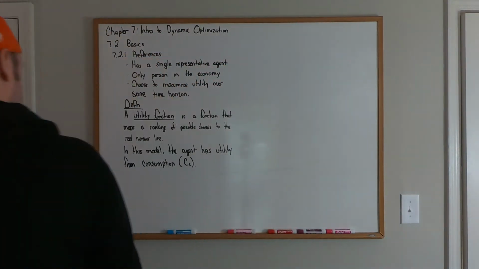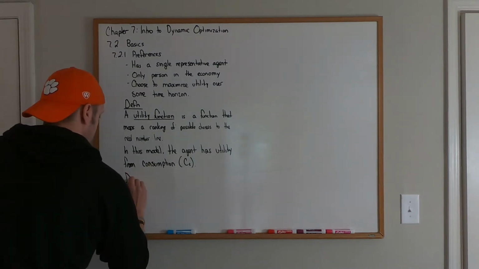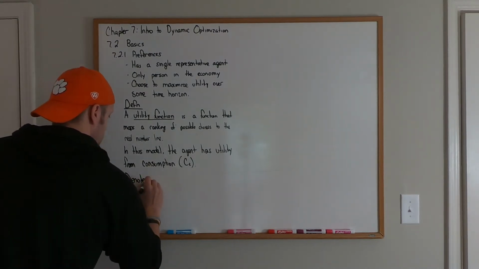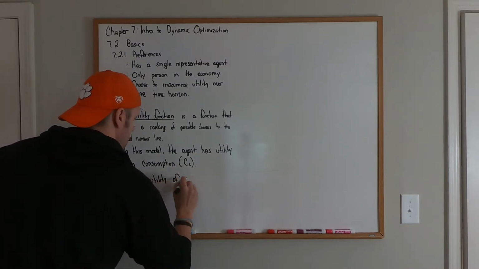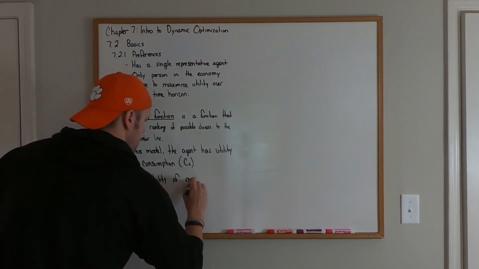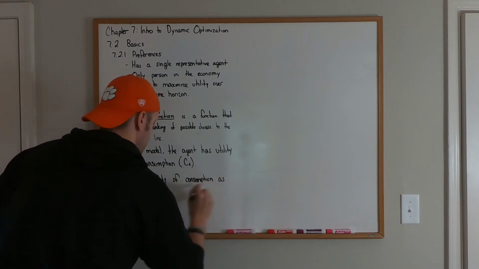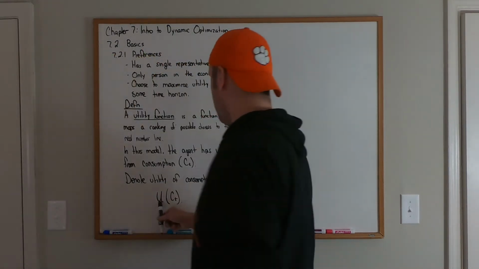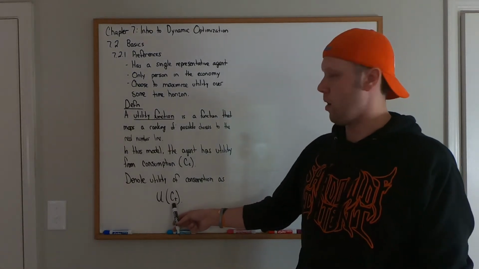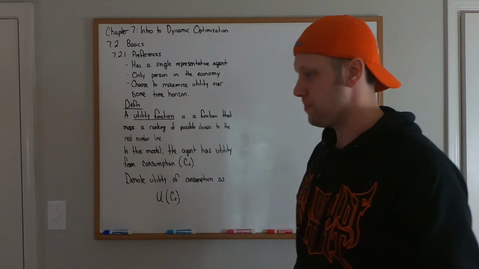Now, because we get utility from consumption, we would denote utility of consumption as u of C_t. So we have a function u with an input or an argument, consumption. Utility of consumption.